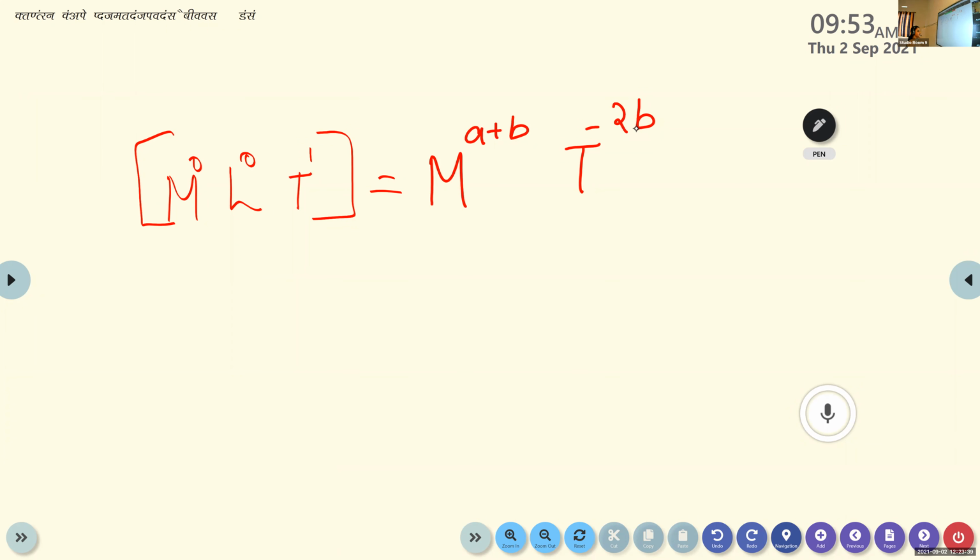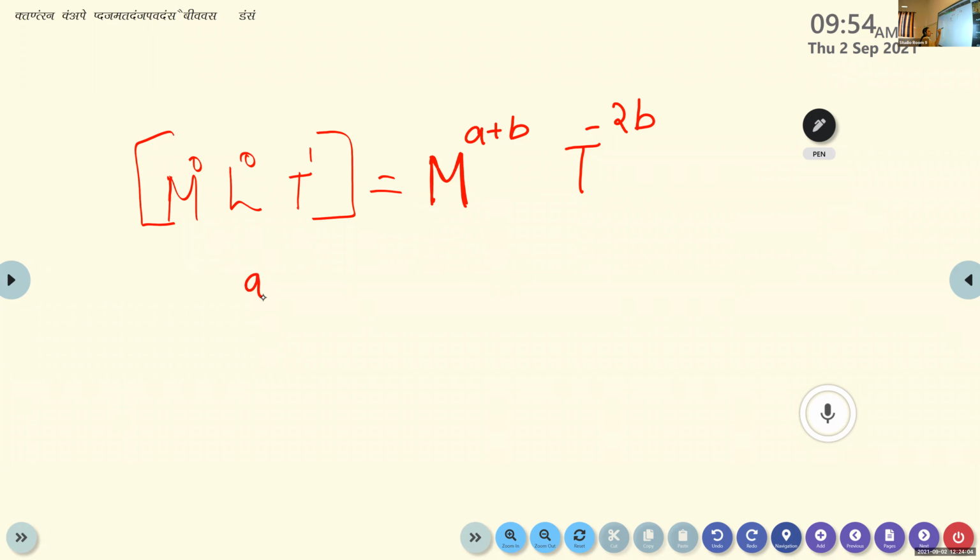Now what about the fourth step? Equating the powers, or exponents, from both sides. Here we equate the exponents of M from LHS and the exponents of M from RHS.